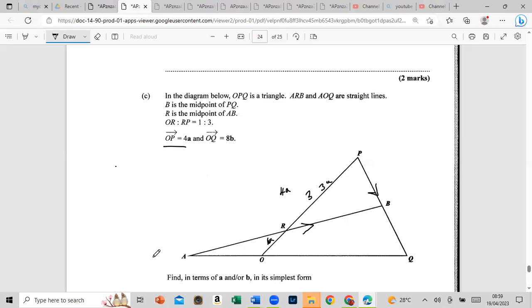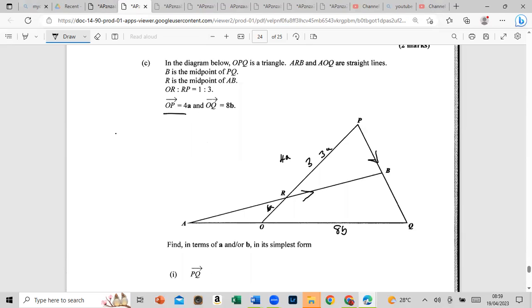And then OQ, so from O to Q, right here, is 8. And the first thing they ask us to do is to find PQ. So we want to find from P to Q. I'm trying to figure out the direction: they said OP, so from O to P, so the arrow is this way.